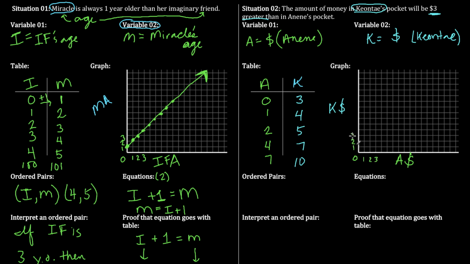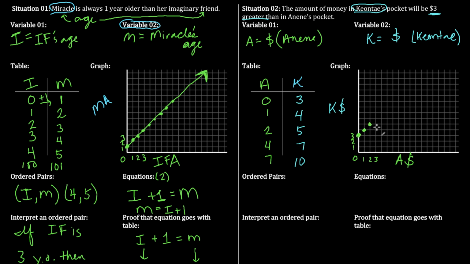So if Nene has 0, then Keontae has 3. If Nene has 1, then Keontae has 4. 1, 2, 3, 4. If Nene has 2, then Keontae has $5. 1, 2, 3, 4, 5.